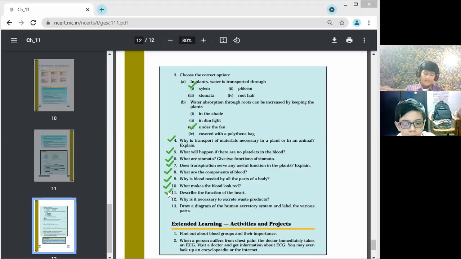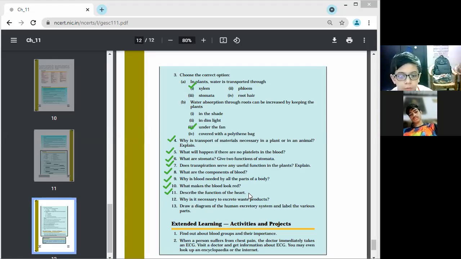It gets oxygen, and the muscles of the heart rhythmically contract and expand, which forms a heartbeat. Okay, so this is the function and you can add more. The structure of the heart you can add. It looks like a fist of our hand. It has 4 chambers. It is in the center of the chest cavity, but it is tilted towards the left. So you can add these points also.